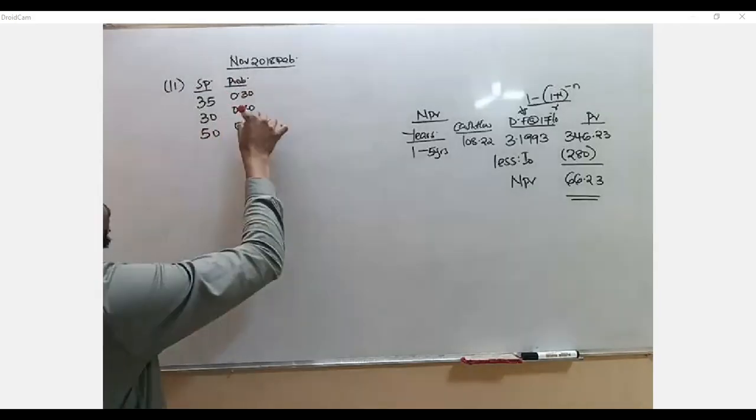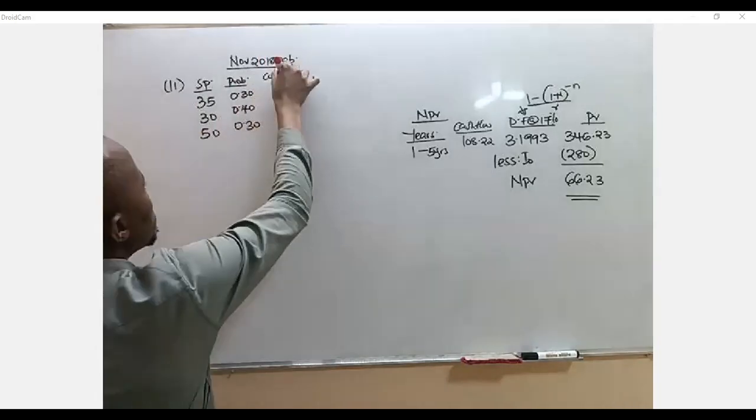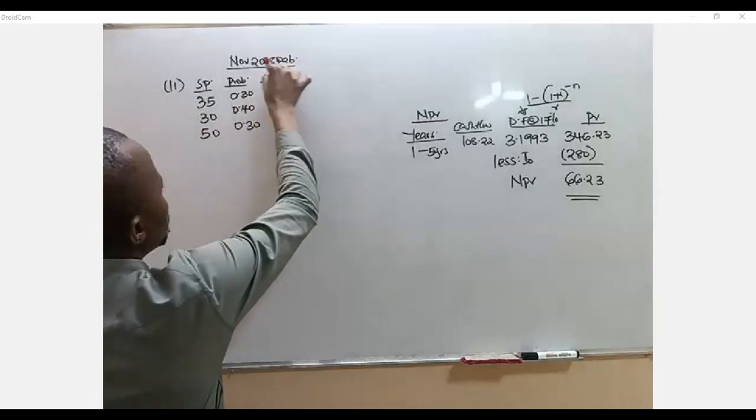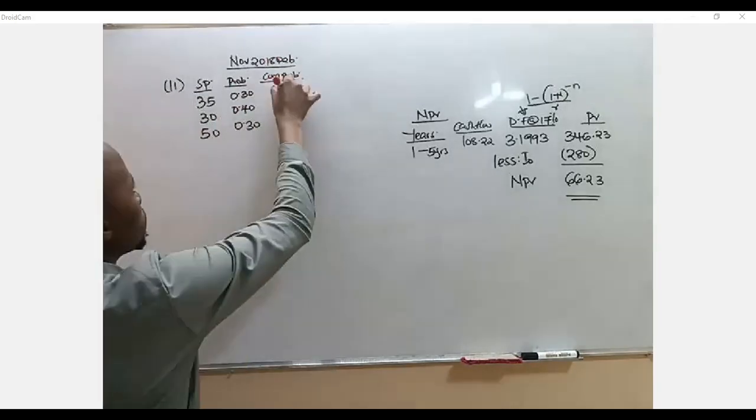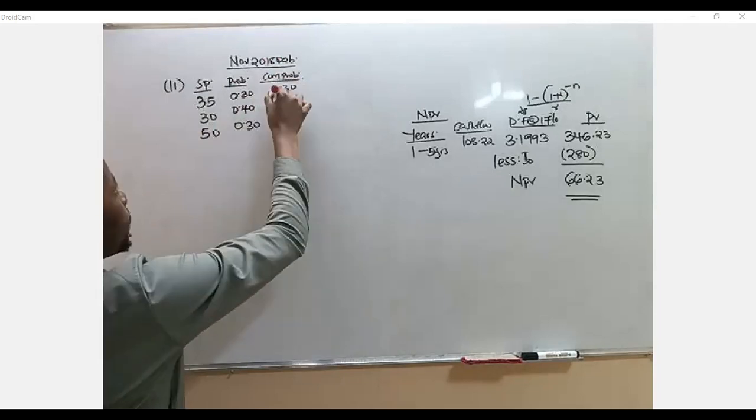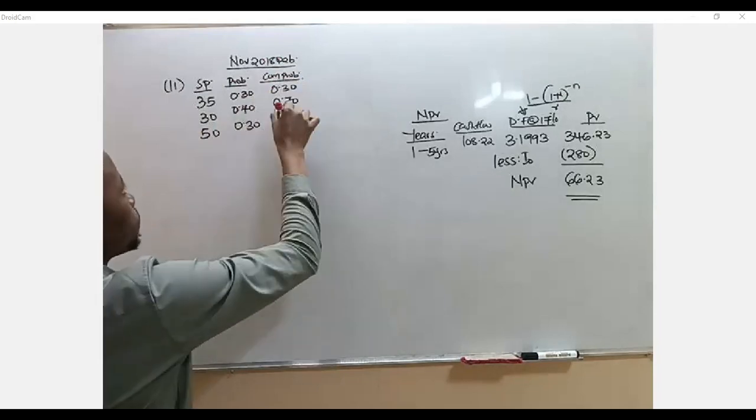We said calculate cumulative probabilities. So the cumulative probabilities of ours, we take the first one, 0.30. This one plus 0.4 we get 0.70. This plus this one, you get 1.00.